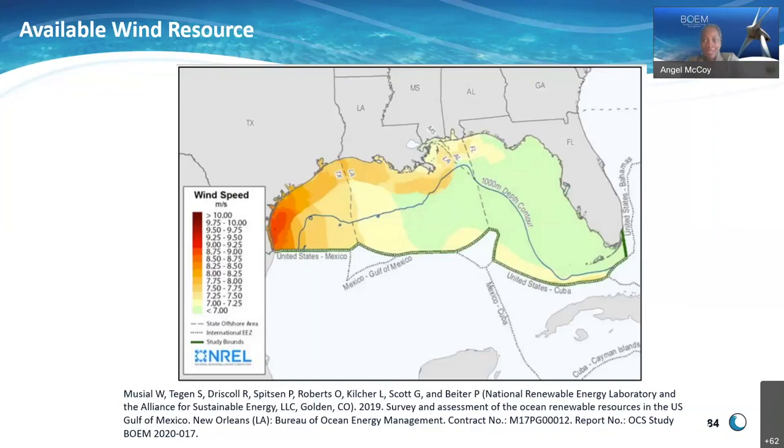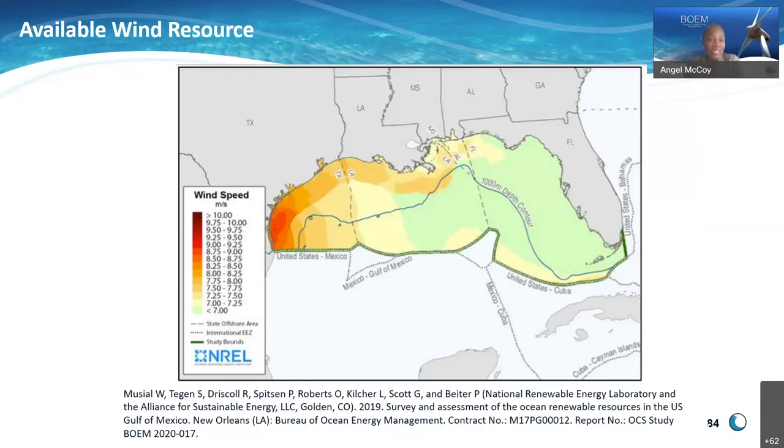And from this data, we would then either extrapolate in order to obtain information about the available wind resource at approximately 100 meters or higher, the potential hub height of wind turbines, or we would rely on model data sets. For example, here I have an image from the National Renewable Energy Laboratory.